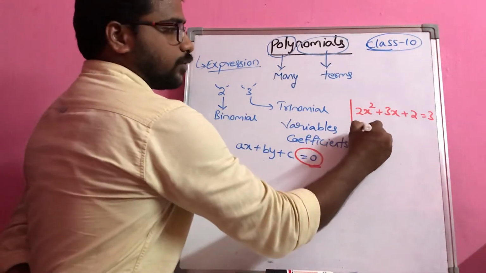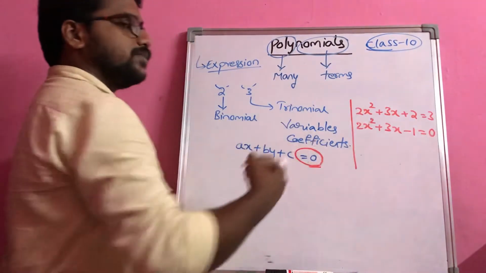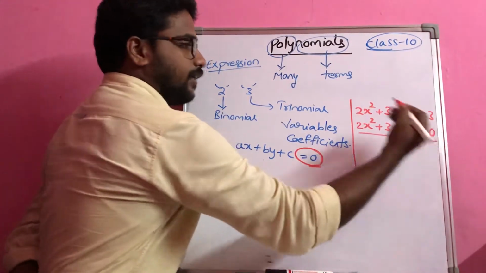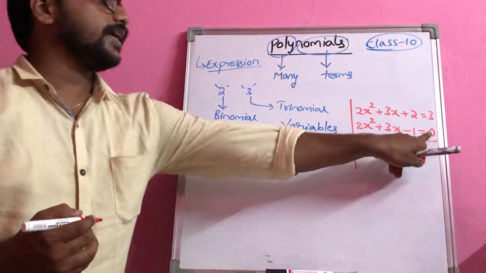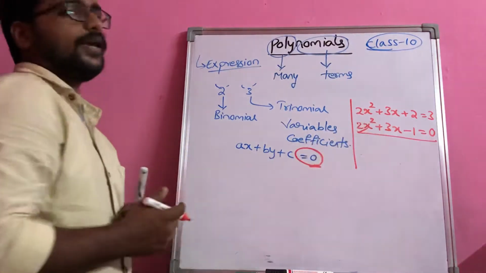So 2x square plus 3x minus 1 is equal to 0. Now this expression is equated to some particular constant, so we name it an equation.